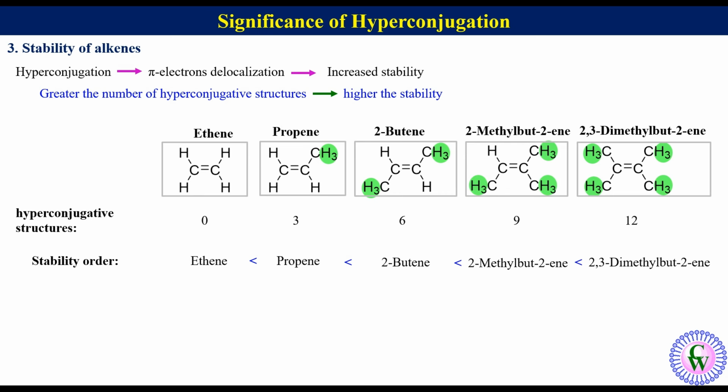Thus, we can generalize that the stability of alkenes increases with the increasing number of alkyl substituents.